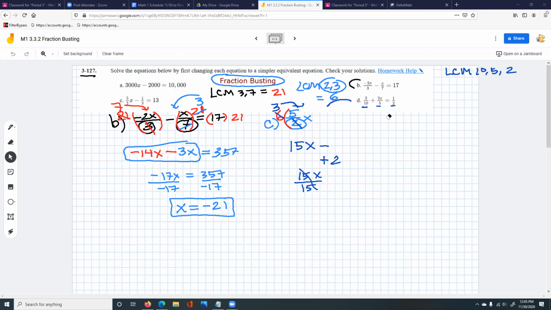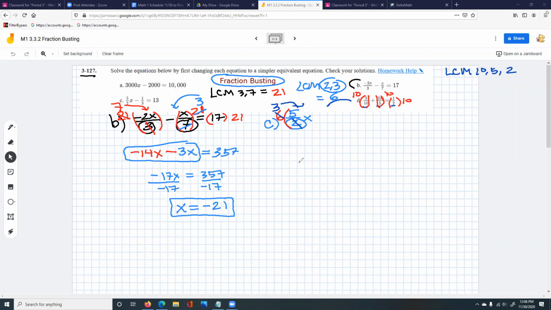So what you want to multiply by is 10. Like I said, I'm not going to do this whole problem, but I want to show you what you would do if we were to continue. I would multiply this by 10, this by 10, and that by 10. And then we would get rid of all 3 fractions, and you would just continue just like the last 2 problems.